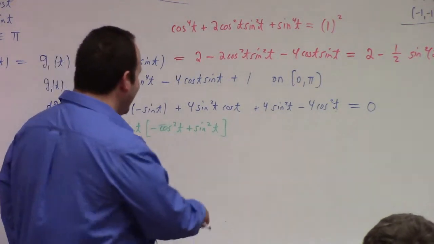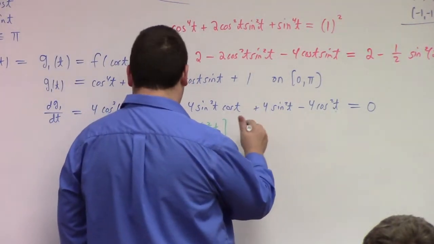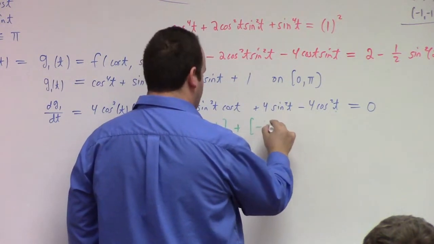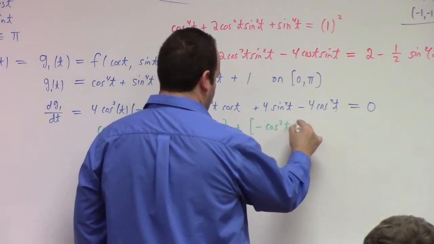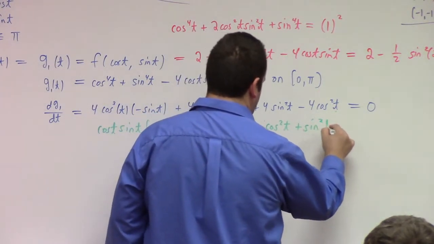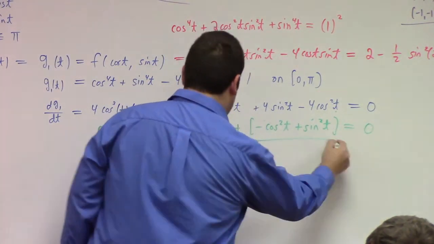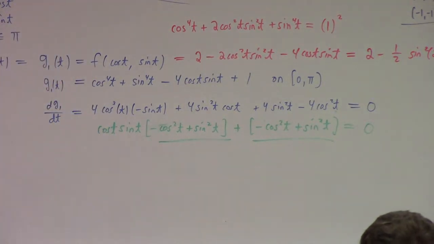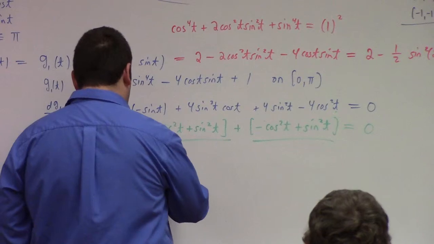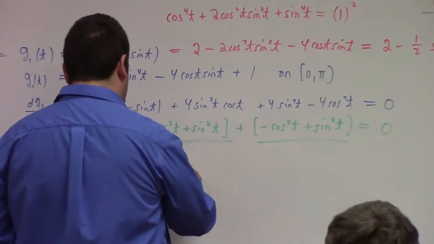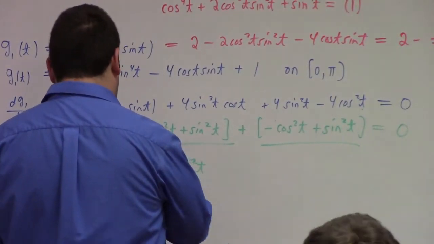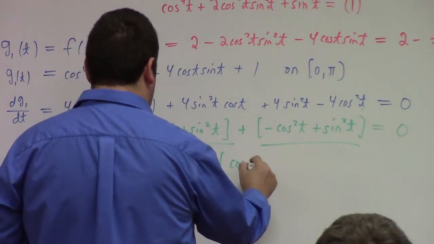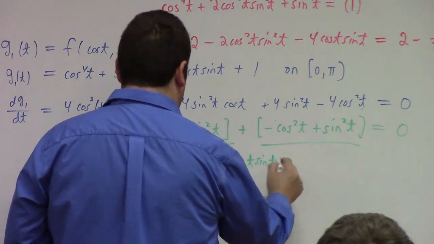Okay, and then, hey, check it out. Plus, minus, hey, factoring by grouping. Woohoo, check that out. Notice that this term and this term, they're the same. So we can rewrite this as sine squared t minus cosine squared t times cosine t sine t plus 1, right?